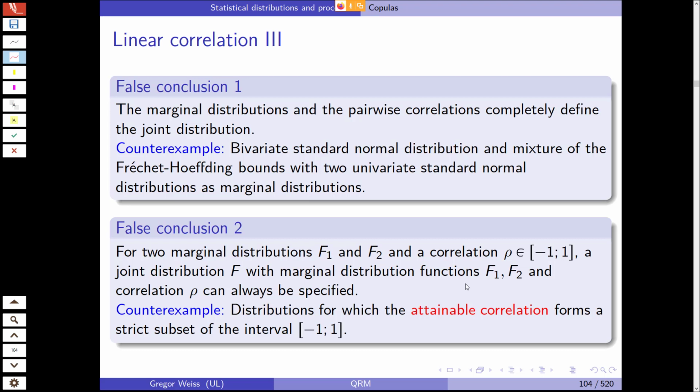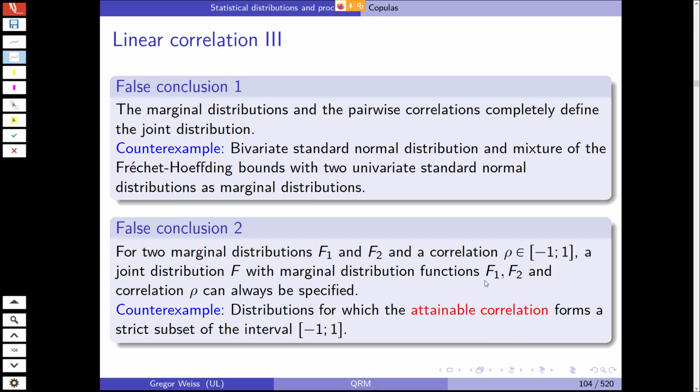It's not sufficient. The second fallacy: for two marginal distributions f1 and f2 and a correlation between -1 and 1, a joint distribution f with marginal distribution functions f1 and f2 and correlation rho can always be specified. No. The problem is that we need to look at the so-called attainable correlations. If you fix the marginal distributions, it could be that the only correlations you can attain form a strict subset of the interval between -1 and 1.